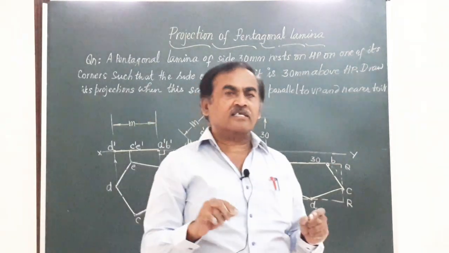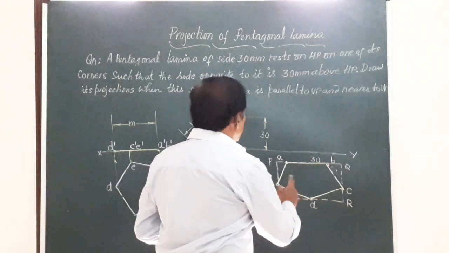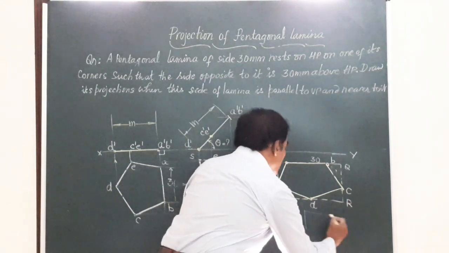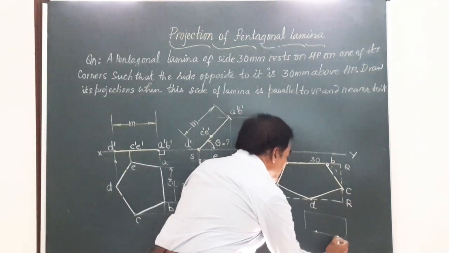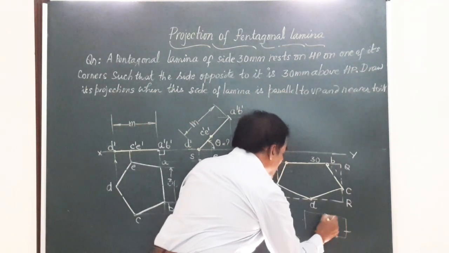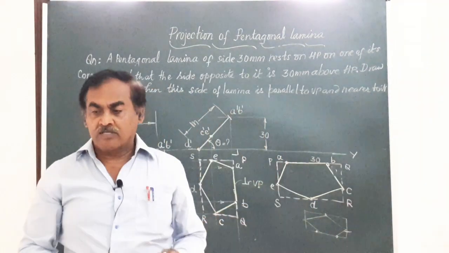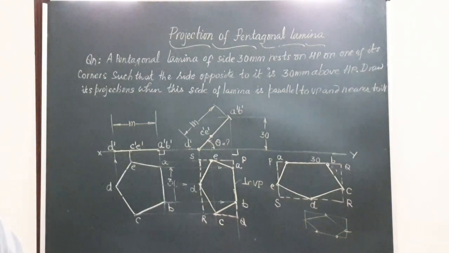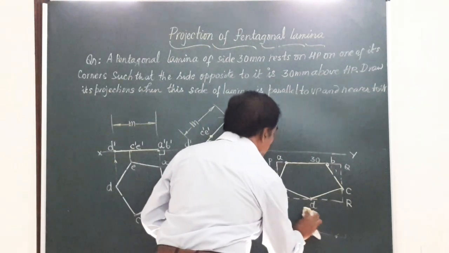Remember, in the same problem, if they ask to draw its projections when that particular edge is away, the only thing is you have to redraw this figure such that the corner side should come here, whereas the corner should come nearer to VP. Or in the same problem, they might also ask you to draw when this side AB is at an angle to VP also.